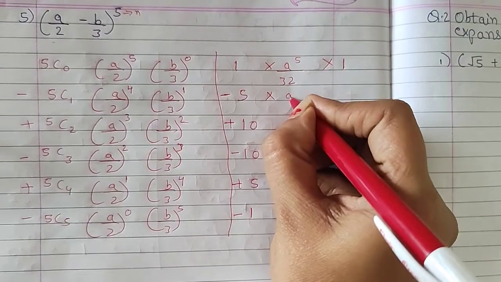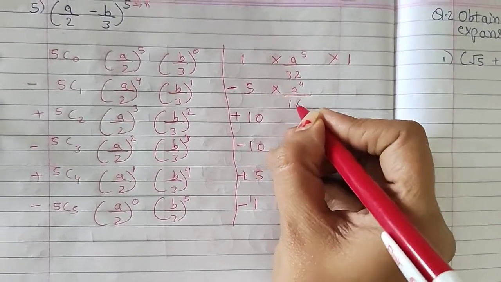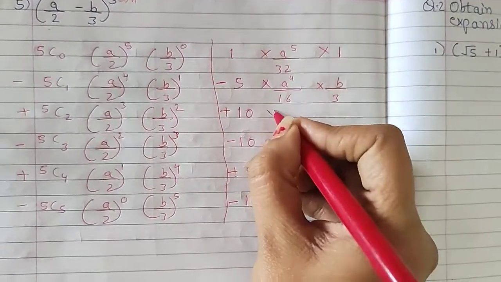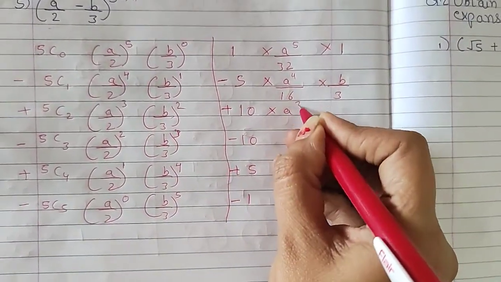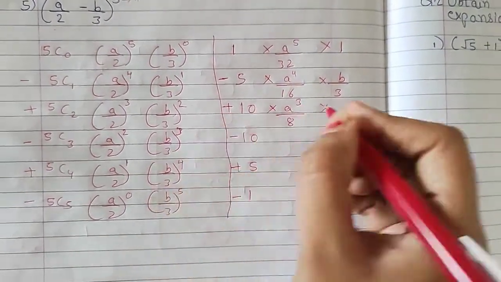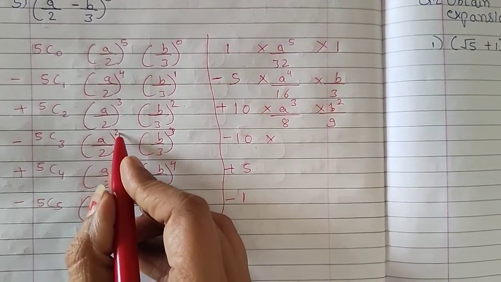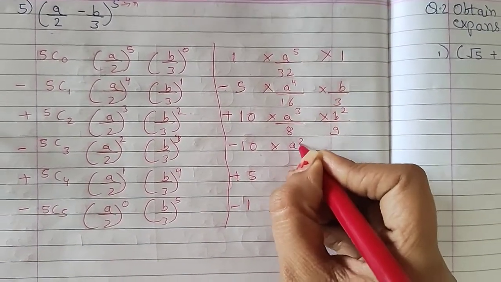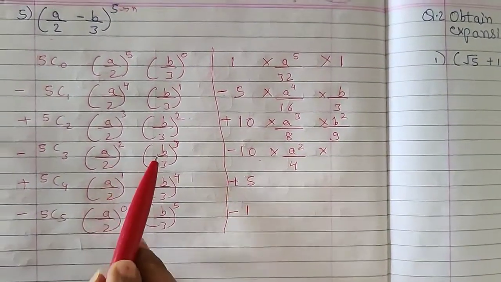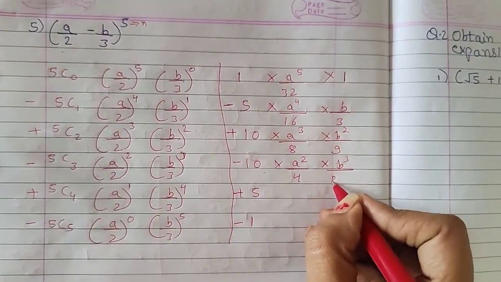Then a raised to 4 upon 2 raised to 4. So 16 into b raised to 1 upon 3 raised to 1 into a cube upon 2 raised to 3. So it will come 8 into b square, 3 square is 9 into a square upon 2 square, that is 4 into b cube upon 27.